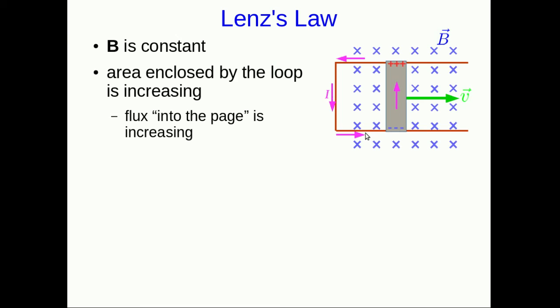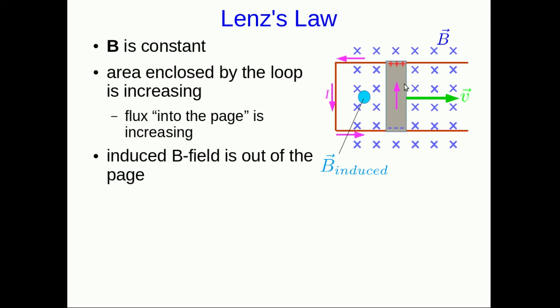So this is a B field into the page. Flux isn't a vector, but let's call into the page a negative flux. So we've got a negative flux that's increasing. Well, look at the current direction. That current direction is going to cause an induced B field out of the page. And so that's causing a positive flux.